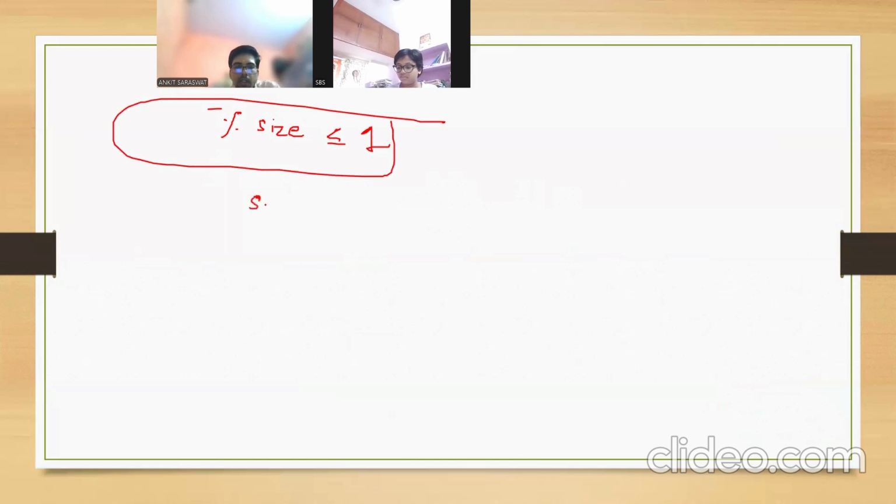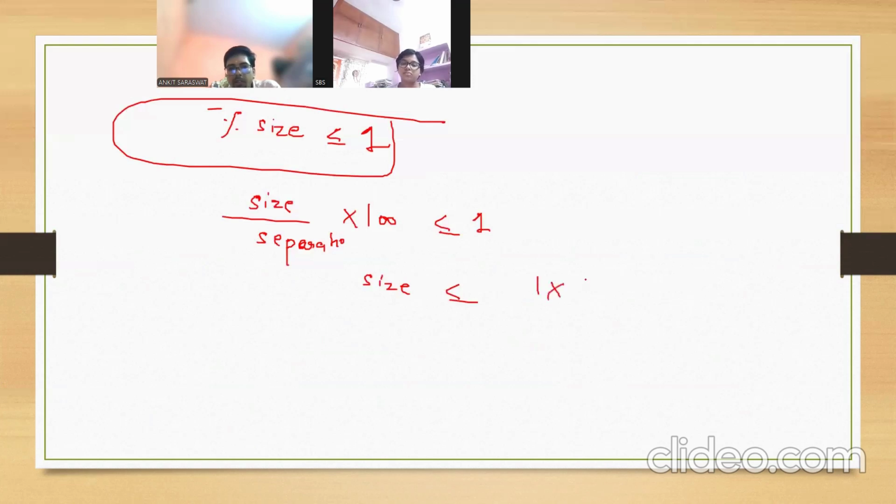So my question is size by separation multiplied by 100. Let me check with some data. Separation is 1 meter, na? Multiplied by 100, the size will be how much? 0.01 meter.